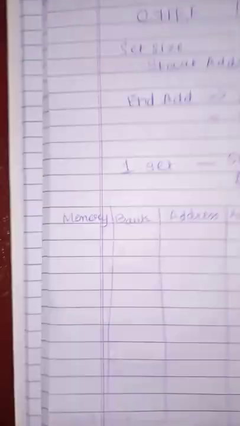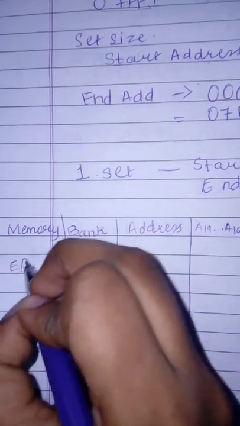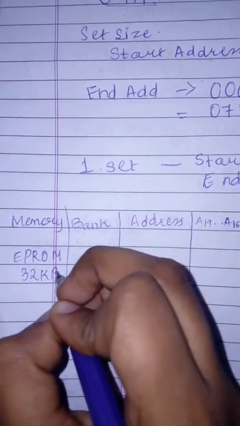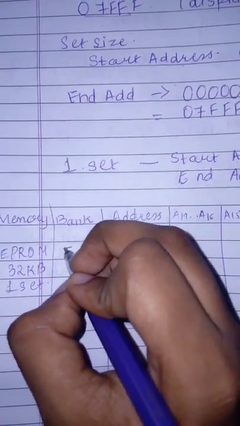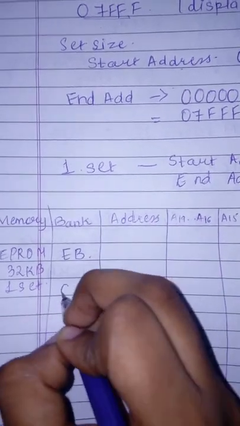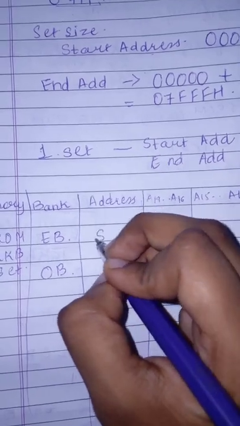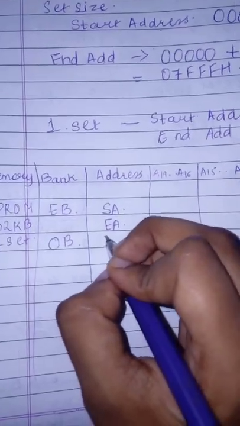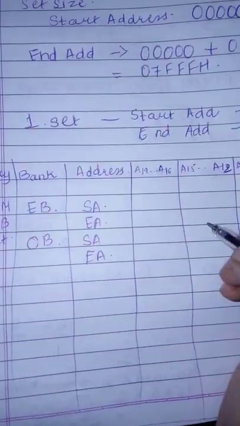Starting with memory, I have EPROM, which is of 32 KB, and there is only one set. The banks are even bank and odd bank. The even bank has its own starting address and ending address. Similarly, the odd bank has a start address and an end address.